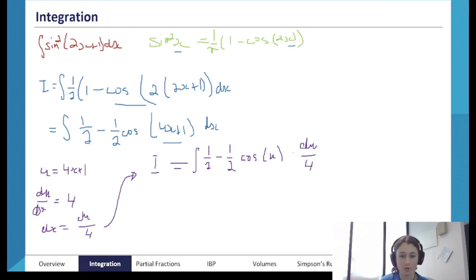So now we've gotten rid of that linear component within the cos, and now we can just integrate this with respect to u.